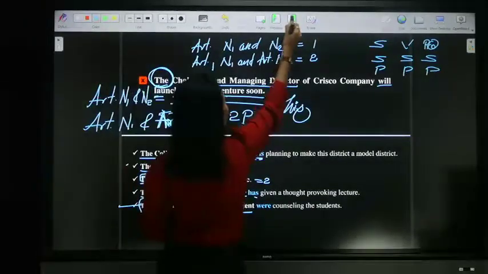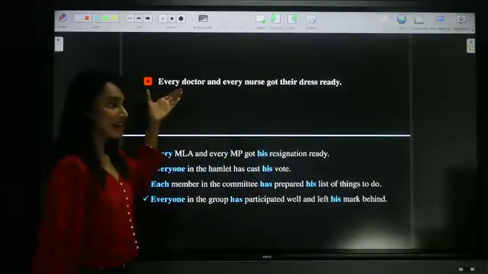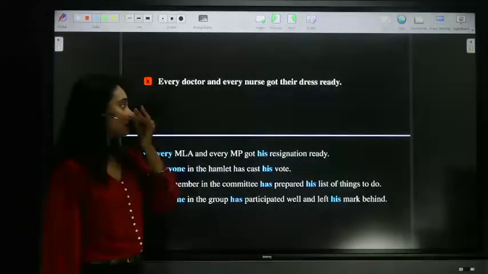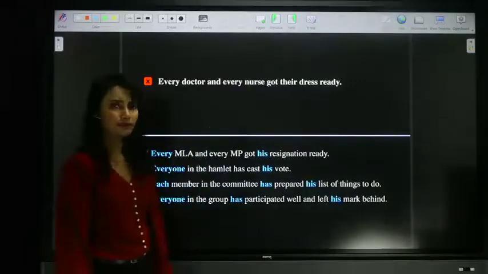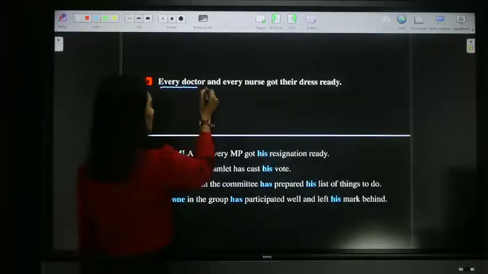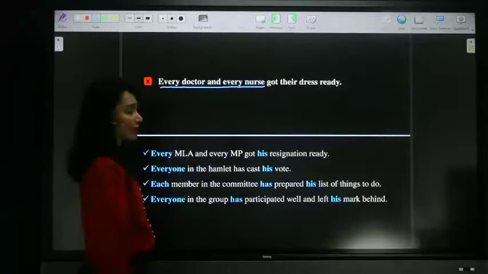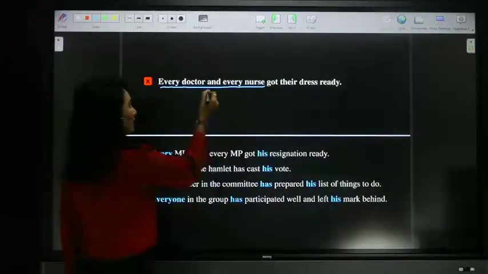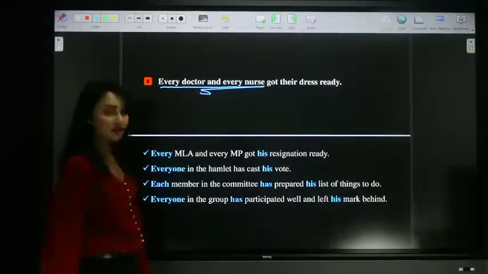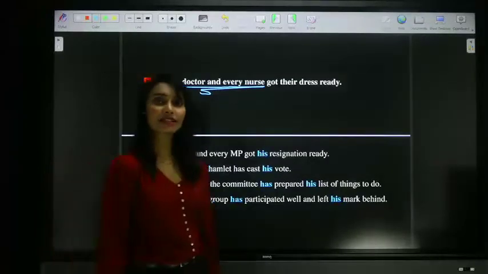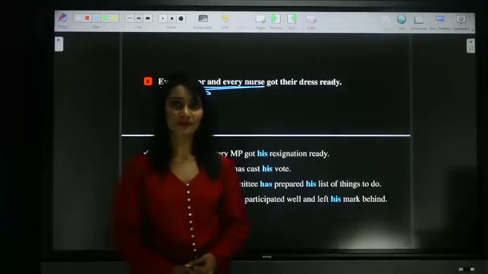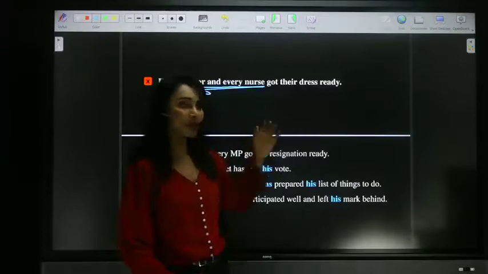Now let's see the next sentence. Every doctor and every nurse got their dress ready. Here the subject is every doctor and every nurse, the verb is got, and their dress ready is the object. Is our subject singular or plural?